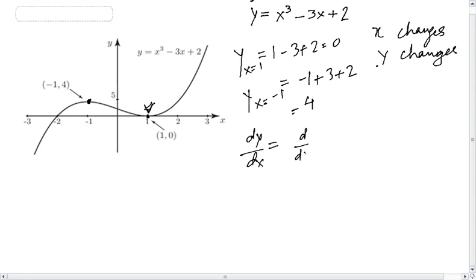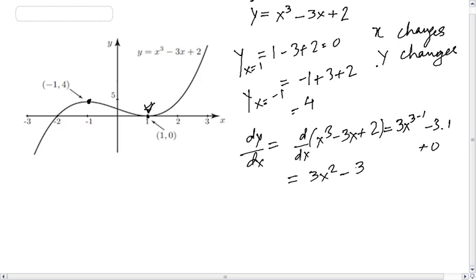The differentiation of x cube is 3x raised to 3 minus 1, minus 3 times the differentiation of x, which is 1, and the differentiation of the constant 2 is always 0. So this becomes 3x square minus 3.